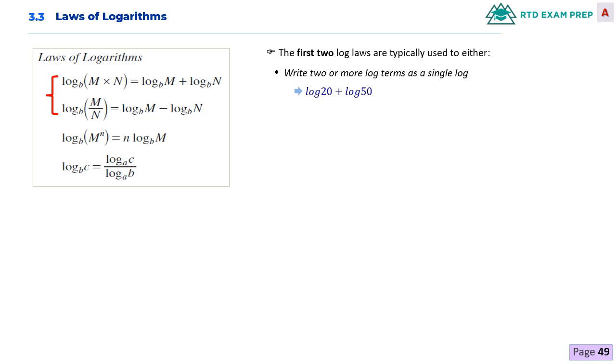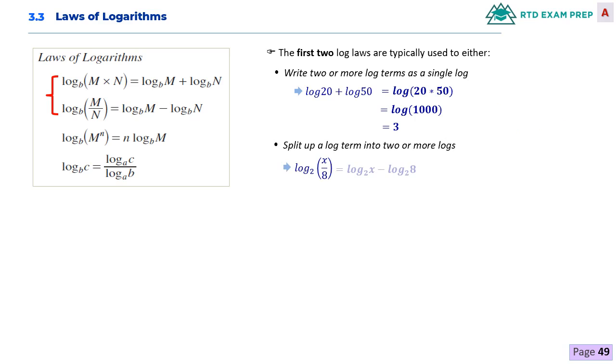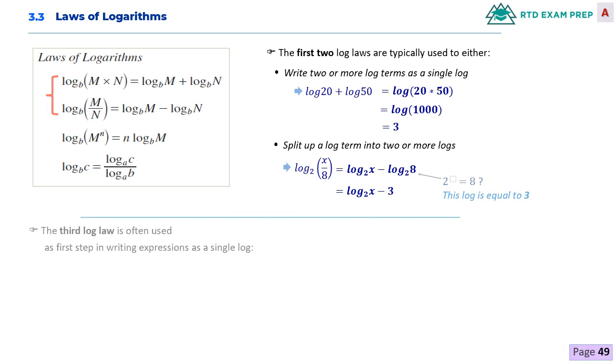The first two log laws we see, the product and the quotient, are typically used to write multiple logarithmic terms as a single one, or to expand a single logarithmic term into multiple terms.